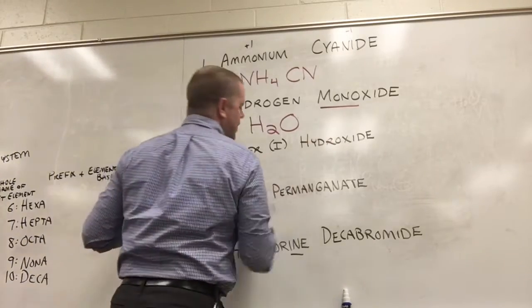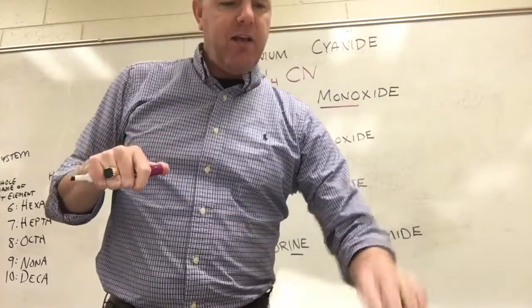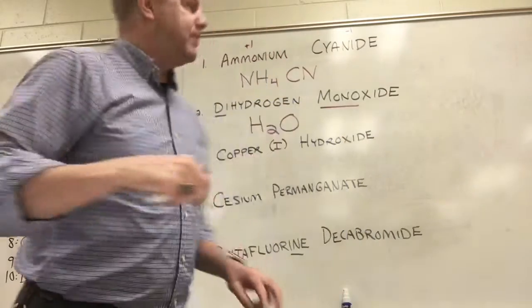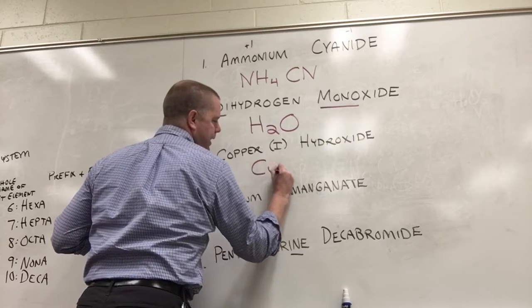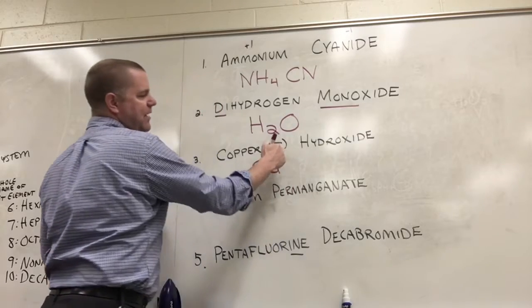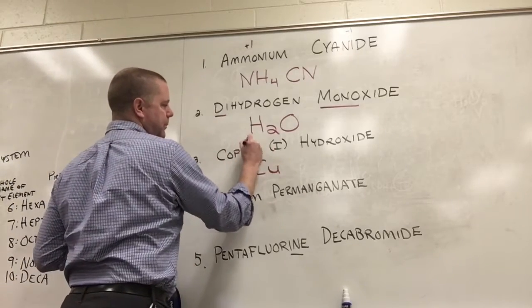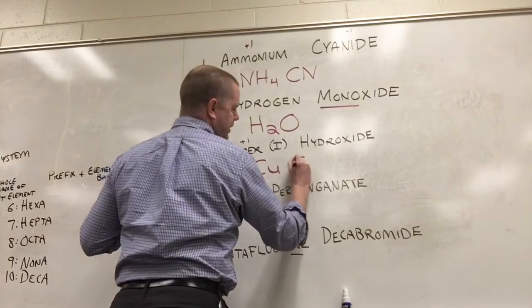Copper 1 hydroxide. All right, so copper is a metal. It is element number 29 on the periodic table, so it is a transition metal, and how do I know that? I know that a couple ways. One, I know from where it was located. But the second thing is I have this stock name. And so the copper charge is going to be +1. Hydroxide, okay? Hydroxide is OH.